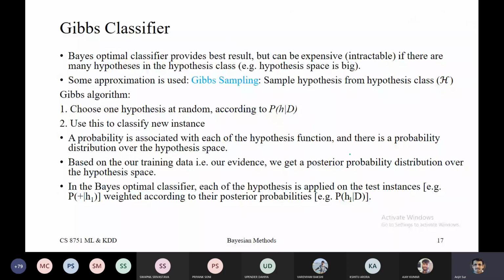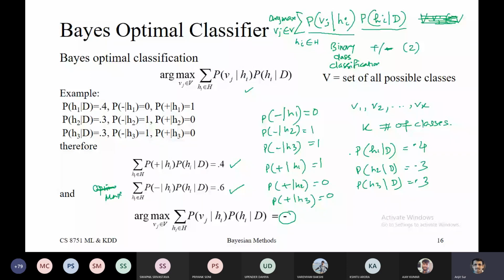The major problem here is that the example we have shown is a very simple example. The number of hypothesis functions is only 3, because Hi, i equals 1, 2, and 3.